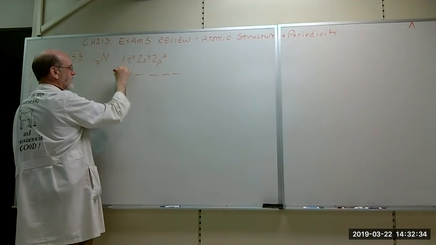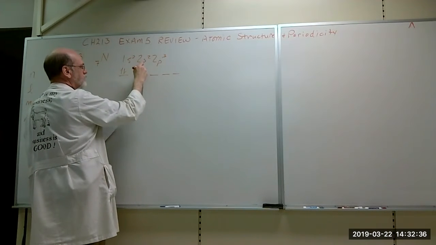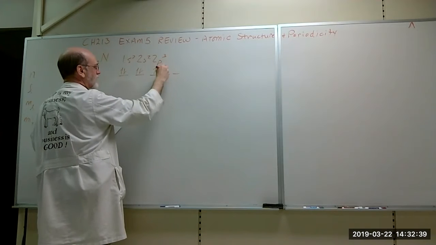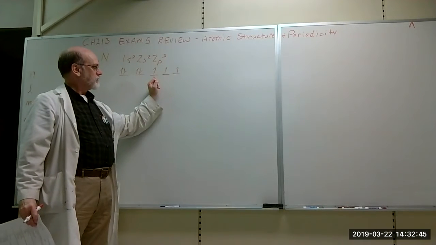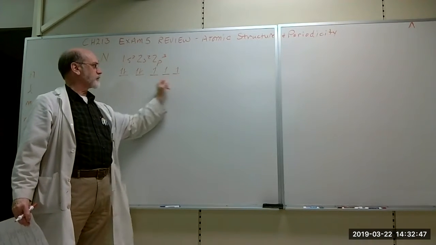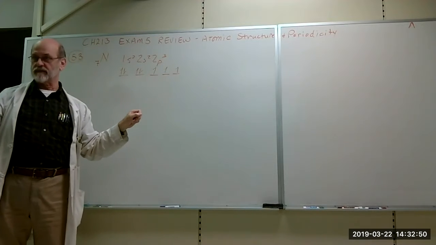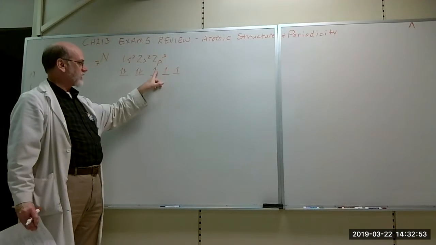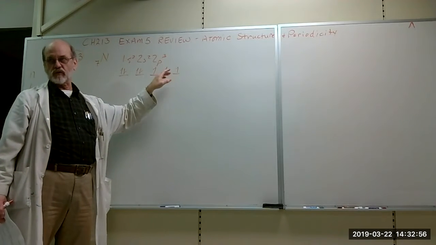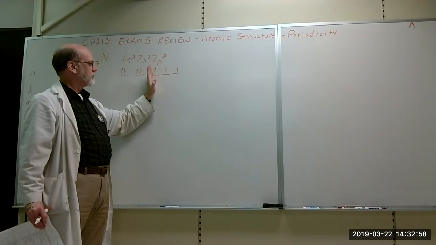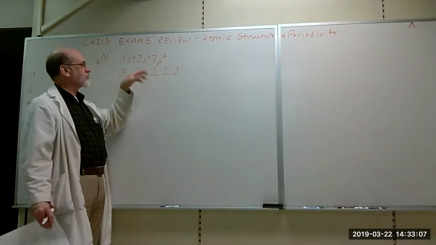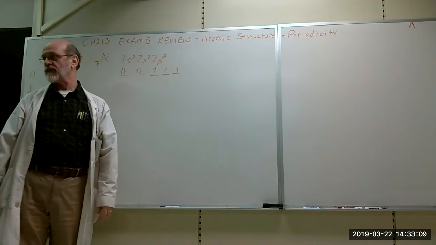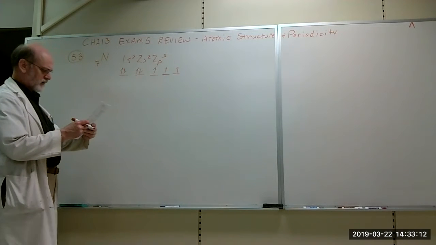So these 2 go in like that, 2 electrons here, and then 3 electrons here goes like that, like that, like that. They have to be in separate suborbitals before you can go back and start pairing them up. Right? So we wouldn't put one of these over here and leave that one blank. That's Hund's rule. You have to fill them up. And then if we went to oxygen's next, oxygen would have another electron, then you could put it in there, paired up.